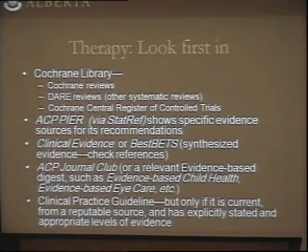I look first in, again, quality filtered sources, all these I've mentioned. There is an interesting thing called the Cochrane Central Registry of Controlled Trials. As you do a Cochrane search, as you are developing a Cochrane document, any articles that you find, you ask to be placed in this database in England. So everyone has access to all this information, to clinical trials.